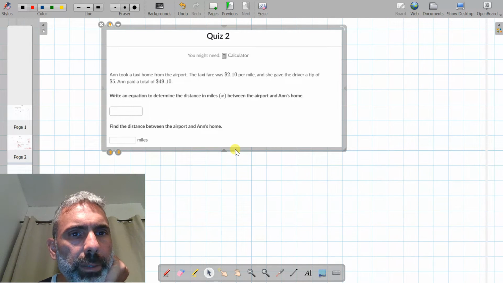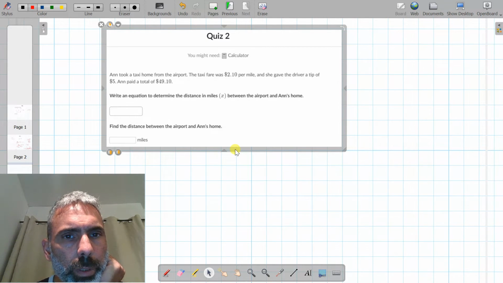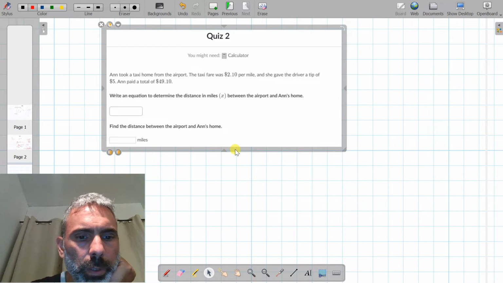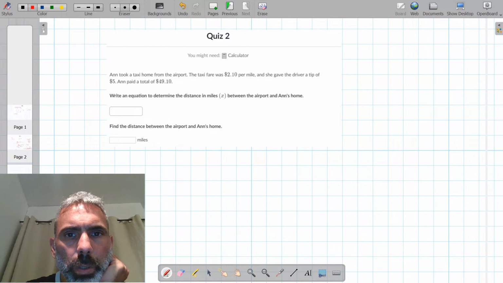And took a taxi home from the airport. The taxi fare was $2.10 per mile, and she gave the driver a tip of $5 and paid a total of $49.10.